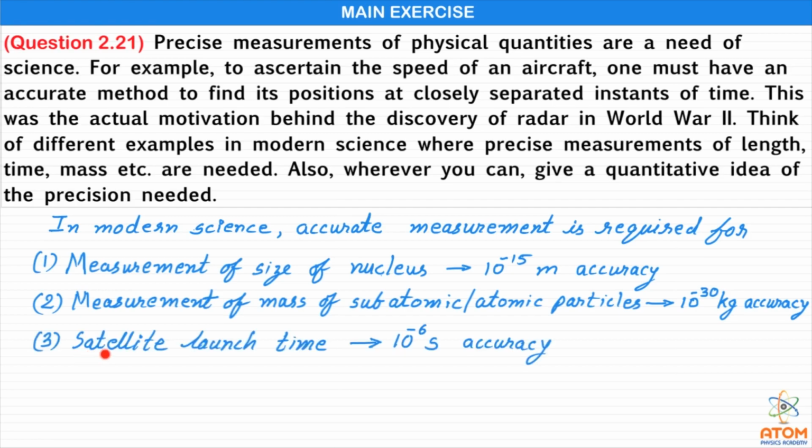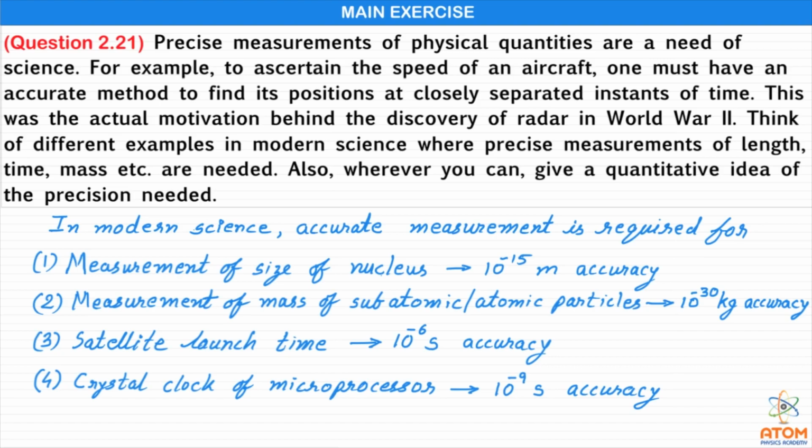Third, satellite launch time, which requires nearly 10 raised to minus 6 second of accuracy. Fourth example is the crystal clock of a microprocessor, which is used in the CPU of a computer, that requires nearly 10 raised to minus 9 second of accuracy.